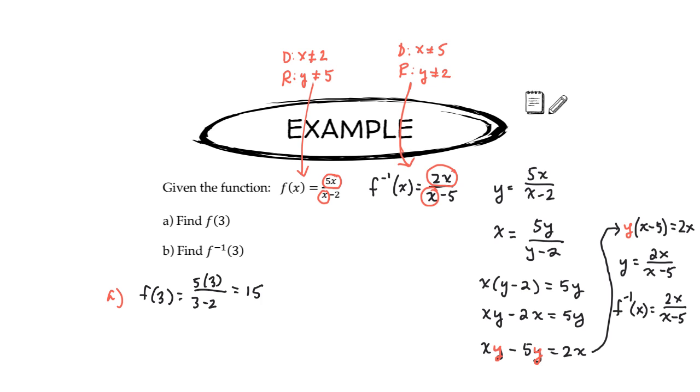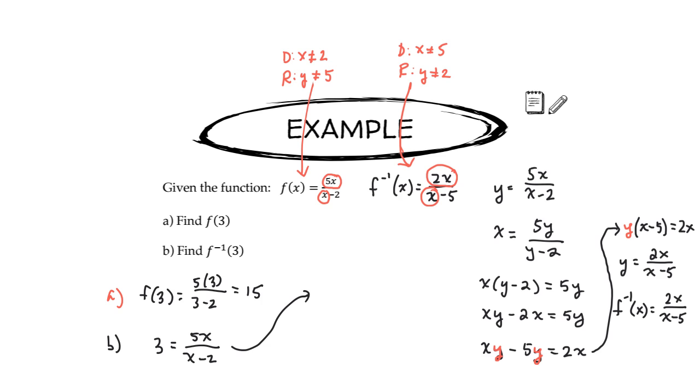And then for letter B, all I needed to do was plug 3 in for y in the original equation. And that's because an inverse is just the original function with the x's and the y's switched. Inputs and outputs just turn around.